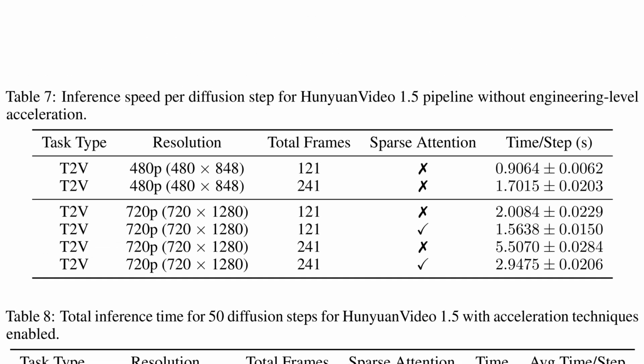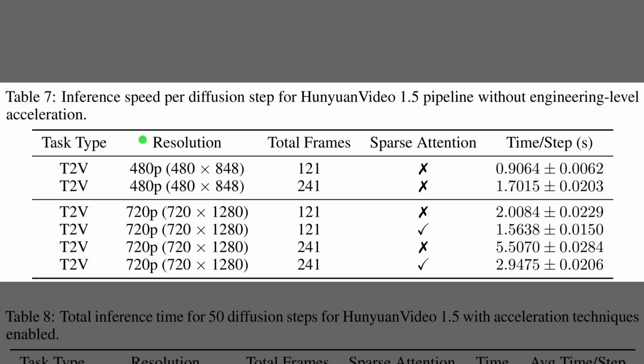So, after comparing quality scores, Table 7 turns to raw generation speed without any engineering tricks. The table lists text to video runs at 480p and 720p with 121 or 241 frames and reports seconds per diffusion step.